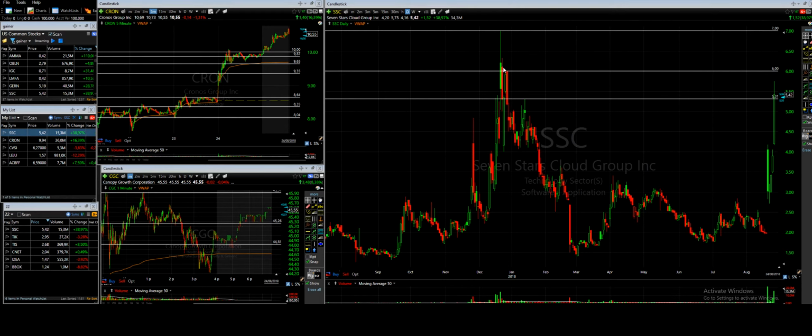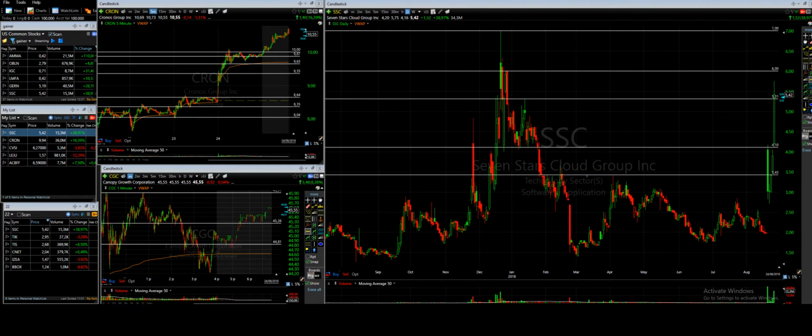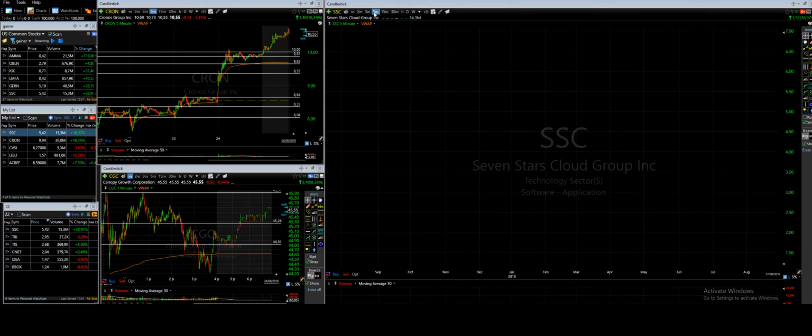So this was the start of the backside, so I'm adding that. Then I also draw the line right here. We got a support area at this 4.10 area, where we also broke out on Friday, I mean, and we got also this line right here. All right, that's the daily analysis on SSC.